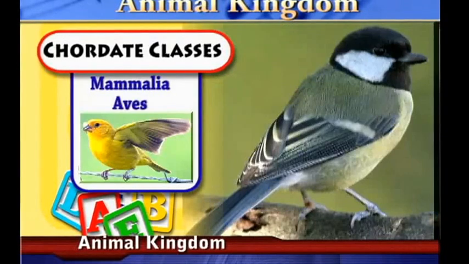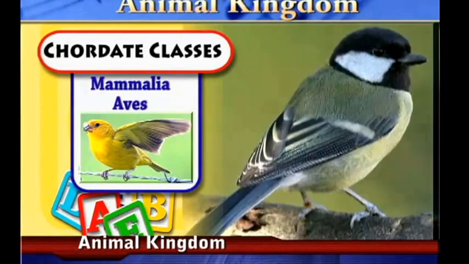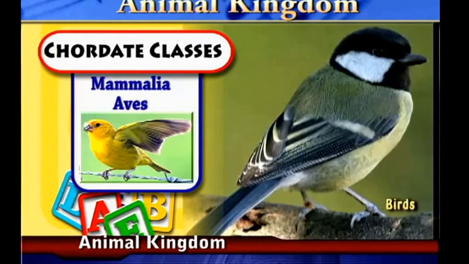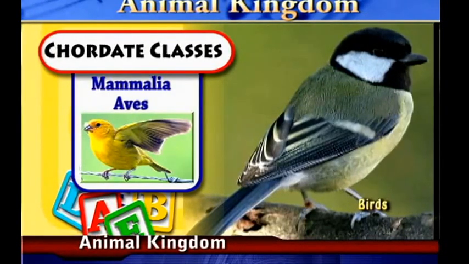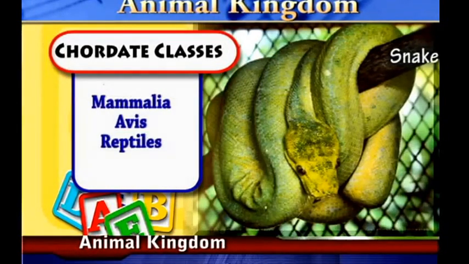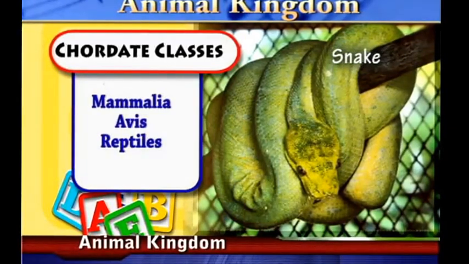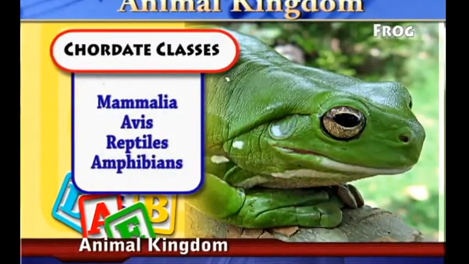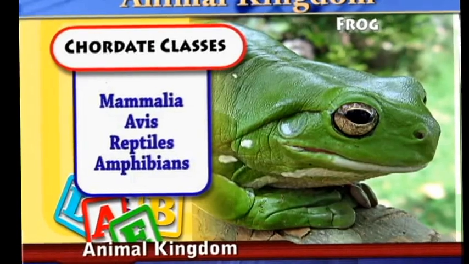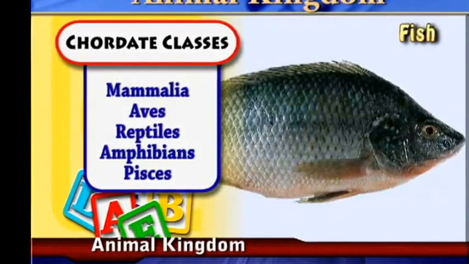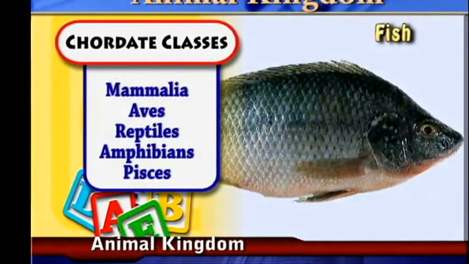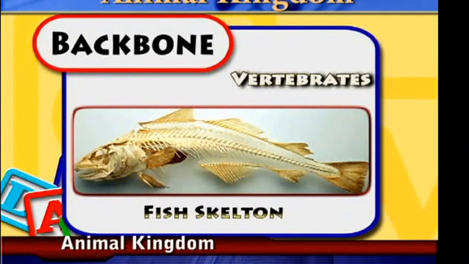There is a class of Aves, where we find the birds. There is a class of reptiles. There is a class of amphibians, and there is a class of fish. Those are what we call vertebrates, or animals that have a backbone.